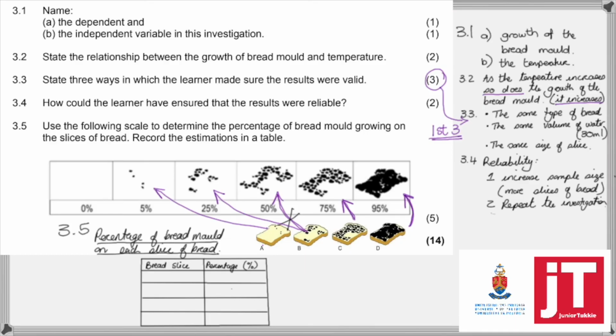Be sure to put the unit in the heading of that particular column, and not throughout the body. Now we can complete our table. We've already linked each of our slices of bread to the percentage growth, so we can write in these different percentages. Right, and there's my table.